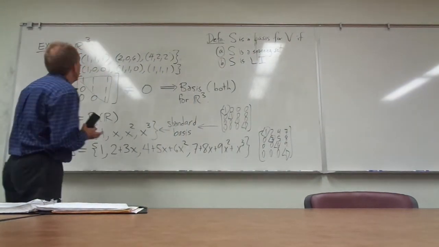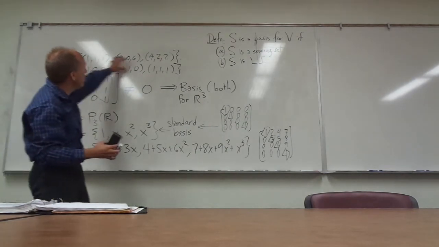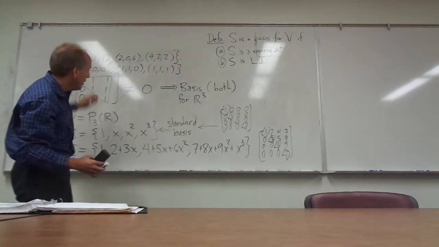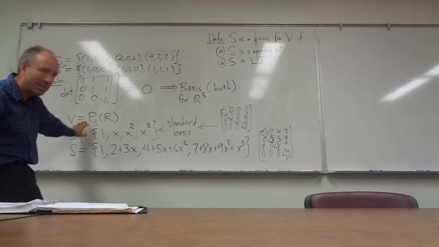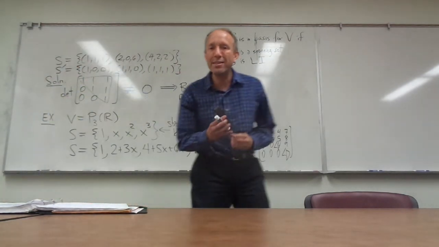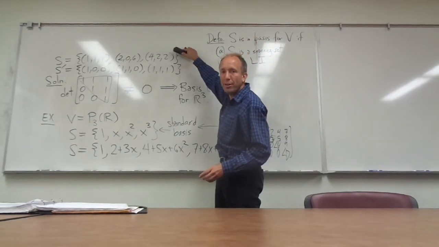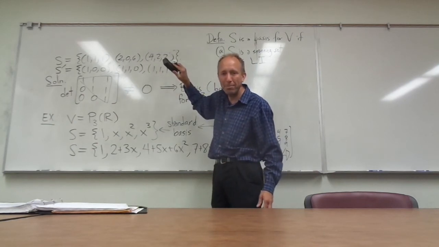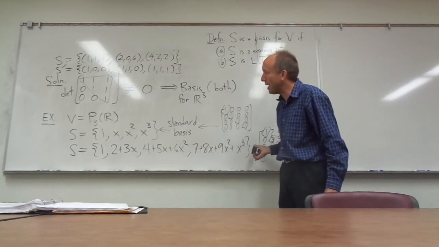But one thing is common to all bases. There's one thing that both of these bases for R3 have in common. And there's one thing that both of these bases for P3 of R have in common. I'm wondering if you can see what it is. They're not the same vectors, but there's something about the bases that is the same. Same thing down here, not the same vectors in these two sets.